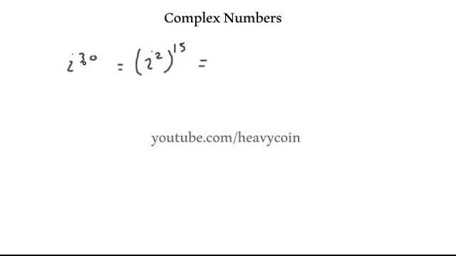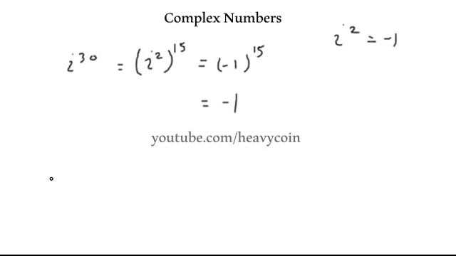So 2 times 15 is 30. But remember what i squared is, it's -1. So -1 to the 15th, because this is an odd number, a negative raised to an odd power is going to be negative. So that just ends up becoming -1.